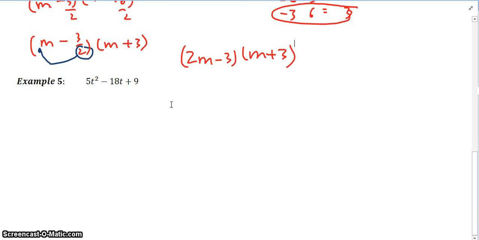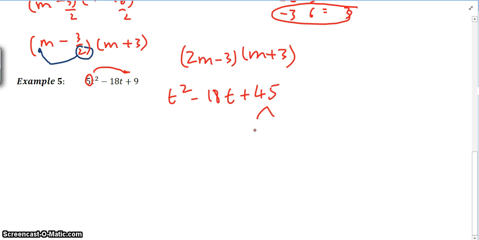Alright, let's have a look at the last one once again. So take the coefficient, times it by the end, and we should get t squared minus 18t plus 45. What are the pair factors of 45?